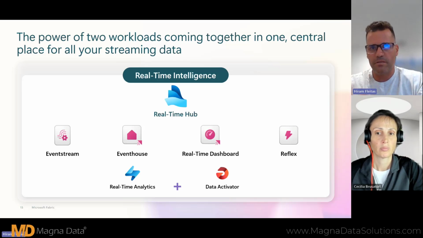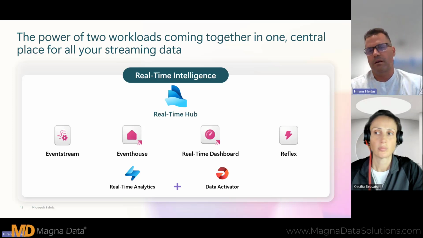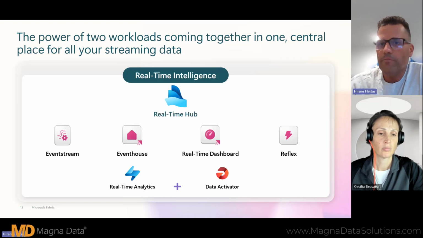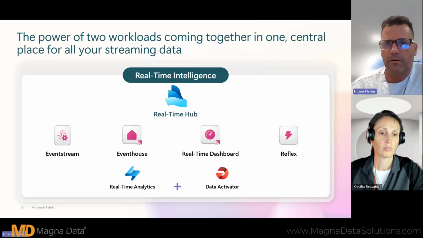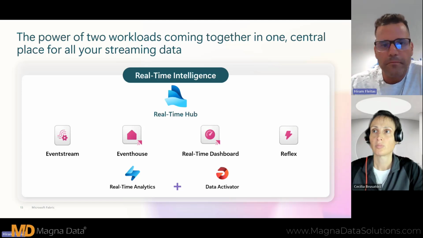The Eventhouse is that Kusto engine that was previously available inside of Azure, known as Azure Data Explorer. So the technology there is over 10 years old. We offer it inside of Fabric as the SaaS offering, where you don't have to t-shirt size VMs or cluster sizes, and it'll auto scale up and down for you.